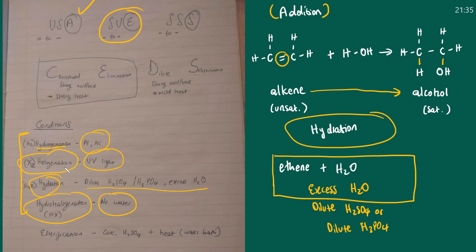If I'm removing halogen, I'll call it dehalogenation. And then if I'm removing hydrogen halide, that will be dehydrohalogenation. You see, so elimination is just the reverse or the opposite of addition. So now it means we are only left with two that we must then know, right?